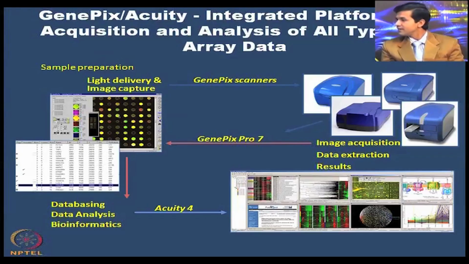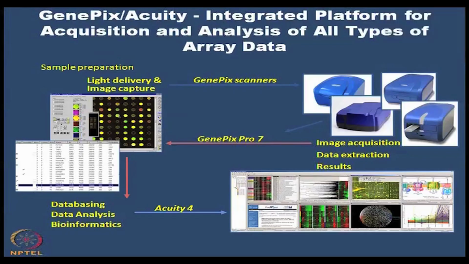Another software which is also used is Acuity, which is a third level statistical analysis software. So in brief, the hardware is attached with a data acquiring software called GenePix Pro, and GenePix Pro gives the results to Acuity, which can be further used for statistical analysis.